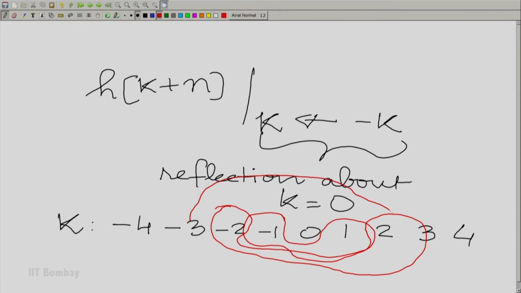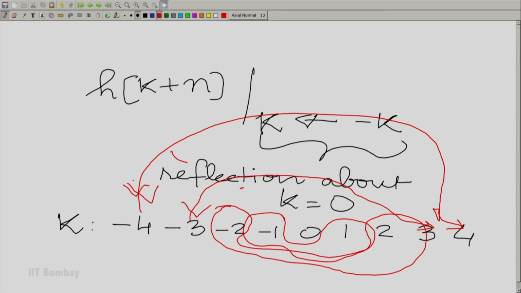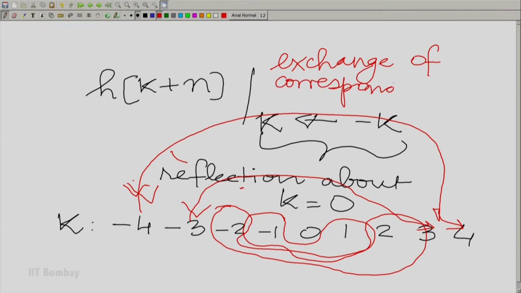And similarly, -3 and 3. And so too, -4 and 4. You can go on and on and on. So essentially, it's a process of exchange of corresponding positive and negative points. Now, what will happen when you exchange it like this? You've shifted, remember, you've shifted the sequence backward by n steps.